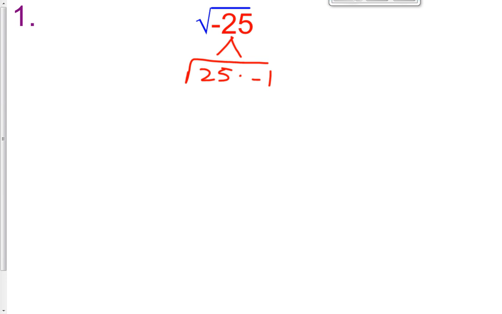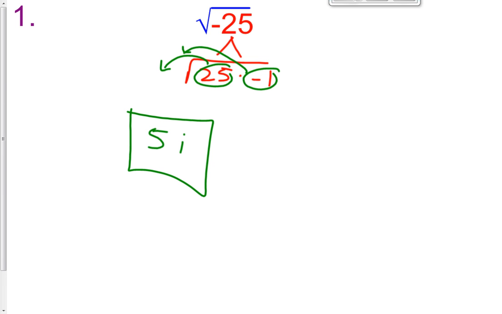The square root of 25 is 5, and the square root of negative 1 is imaginary, or i. So our answer for the square root of a negative 25 is 5i, and this is our answer for problem number 1. So whenever we see a negative number underneath the radical, we can always take out an i. That's going to be the main point with these first several problems.